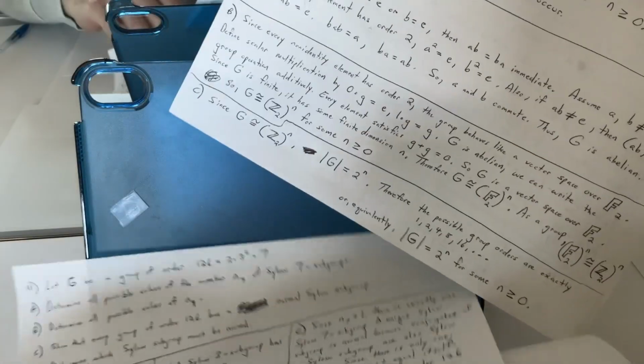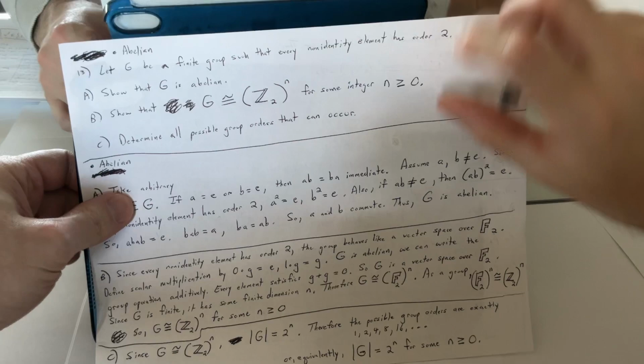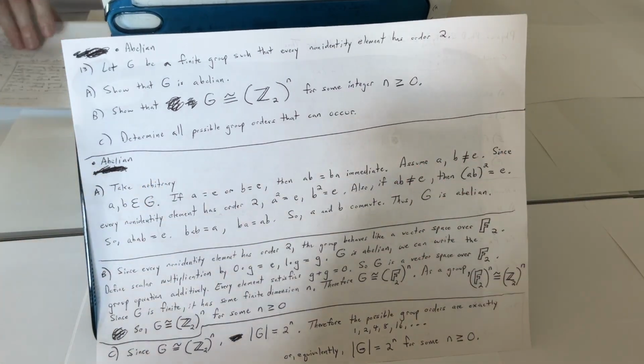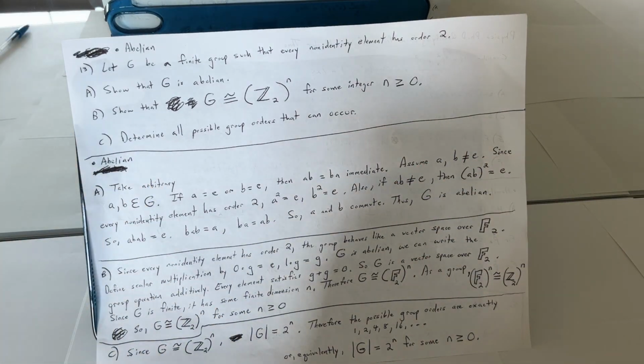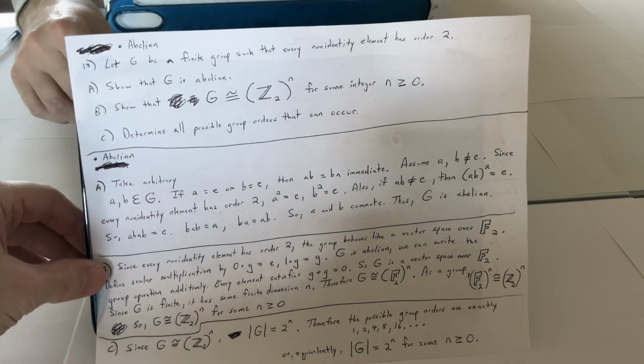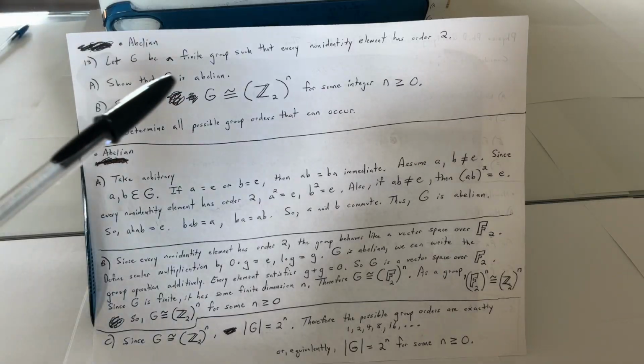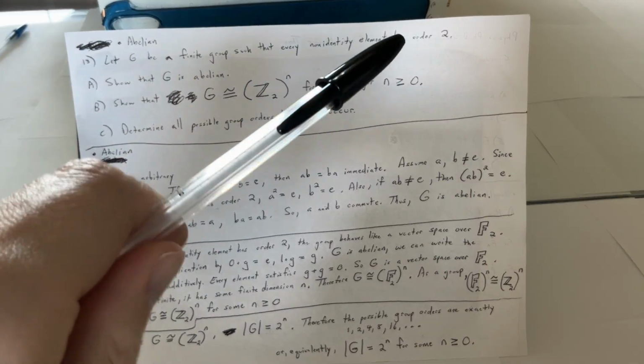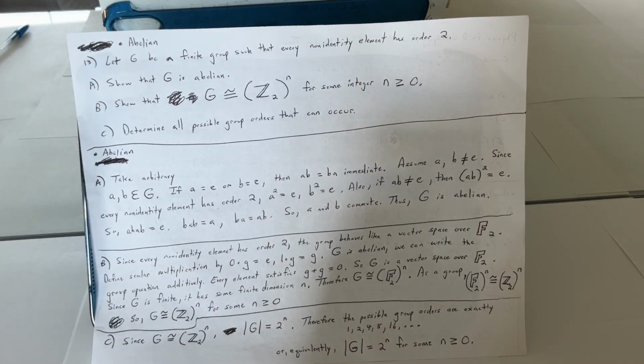Let me just take this down here. Number 13. We have an abelian problem. Let G be a finite group such that every non-identity element has order 2. Part A, show that G is abelian.